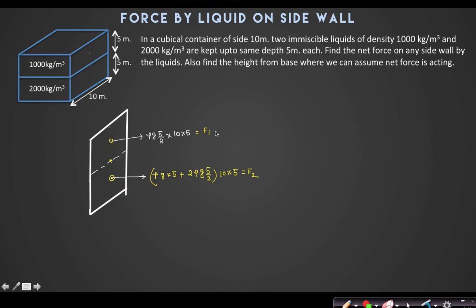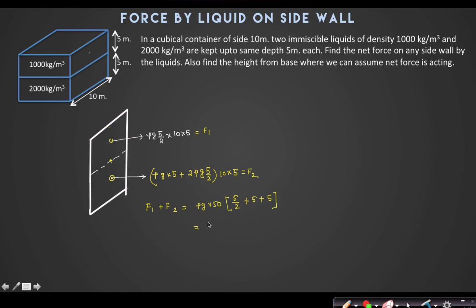So the net force is F1 plus F2, which is 10 into 5 into rho g, if you take 50 common, rho g into 50 times 5 by 2, 2.5, plus 5 plus 5, so 10 plus 2.5, it is 12.5.